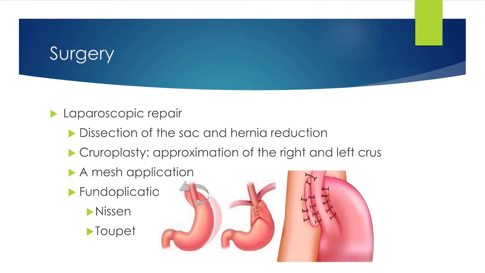Now, with the Toupet operation, they do it in this way. So this is the Nissen 360. In the Toupet, you just pull the stomach behind the esophagus and suture it to the crura. The edge of the stomach here is sutured to the crura, and in here to the esophagus, and then here again the stomach to the esophagus.